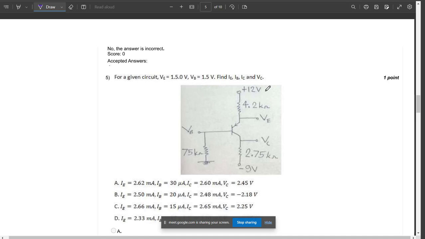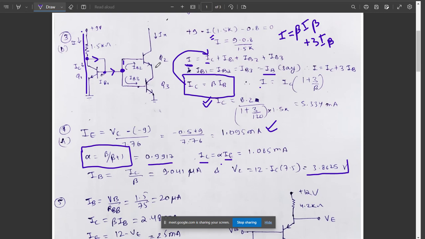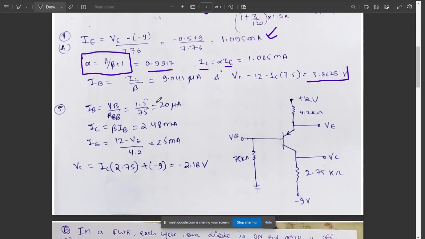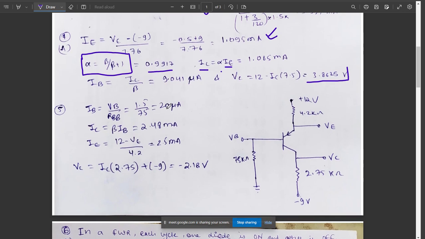Ma'am, both VB and VE are 1.5 volts. Let me check. It's not written here properly. 1.5.0 is written. Yeah, VB is 1.5.